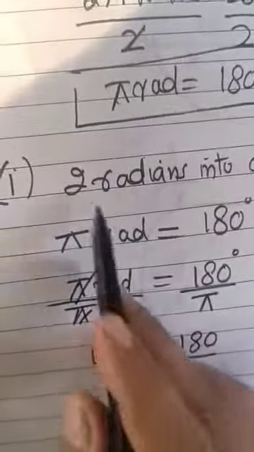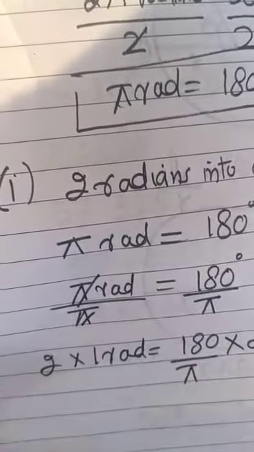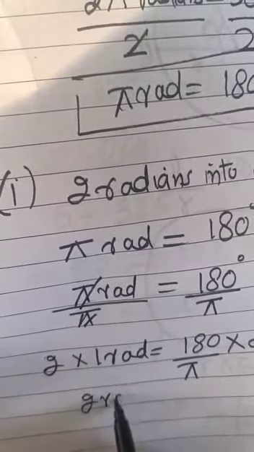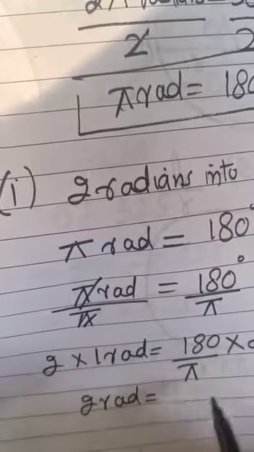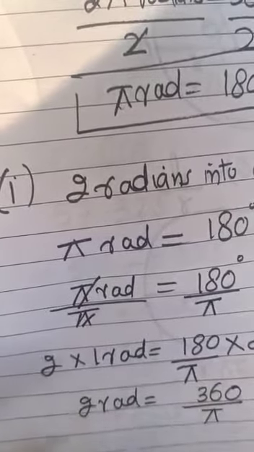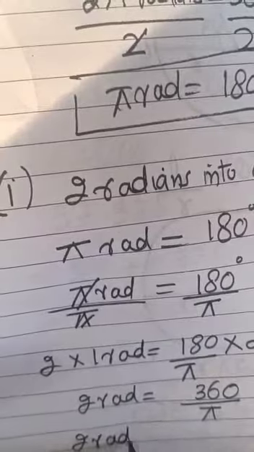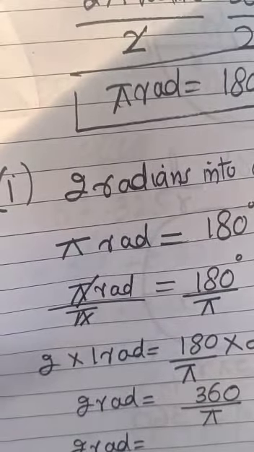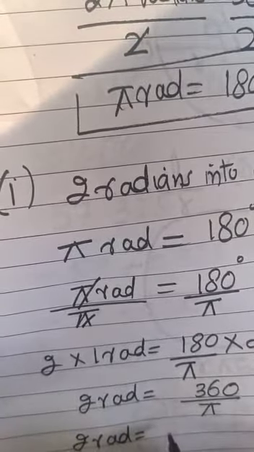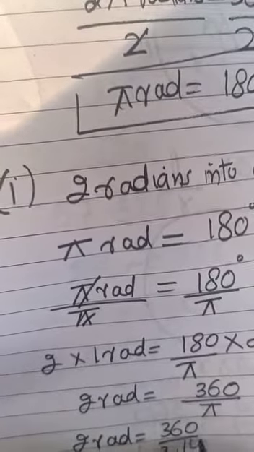Then we need 2, so we will multiply by 2 on both sides. So we get 2 radians is equal to 360 divided by pi. You can find the value in decimal, so we can write 2 radians is equal to 360 divided by 3.14.